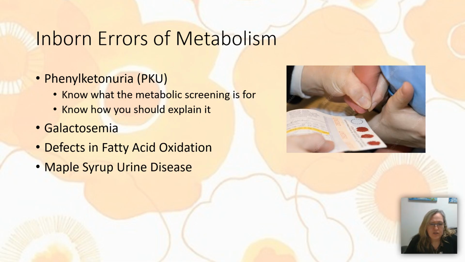So PKU, the thing you need to know about that is it's an error in the fatty acid oxidation. The reason this causes catastrophic problems for the child's mentation is that if you don't properly metabolize fatty acids, which are in everything that you eat, so the baby would be getting fatty acids in the mother's breast milk, if they don't metabolize that properly, that builds up in the brain.